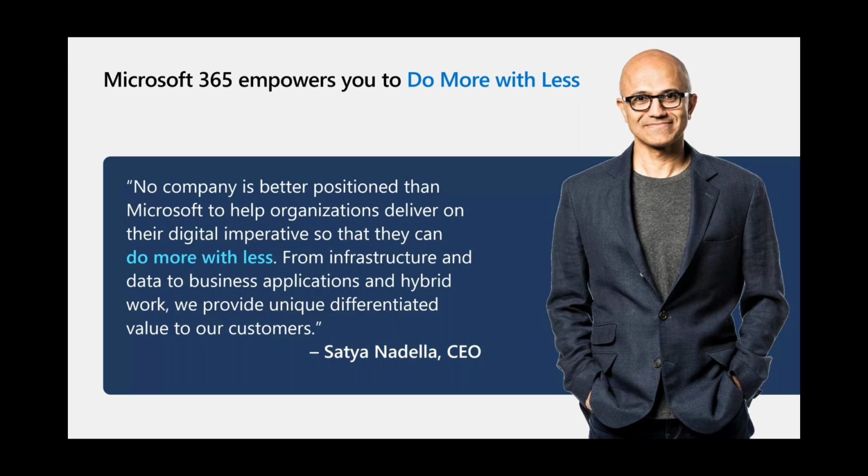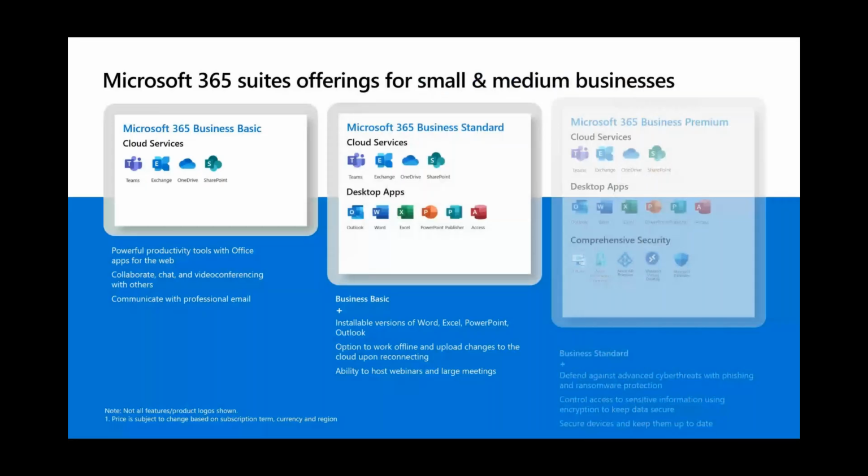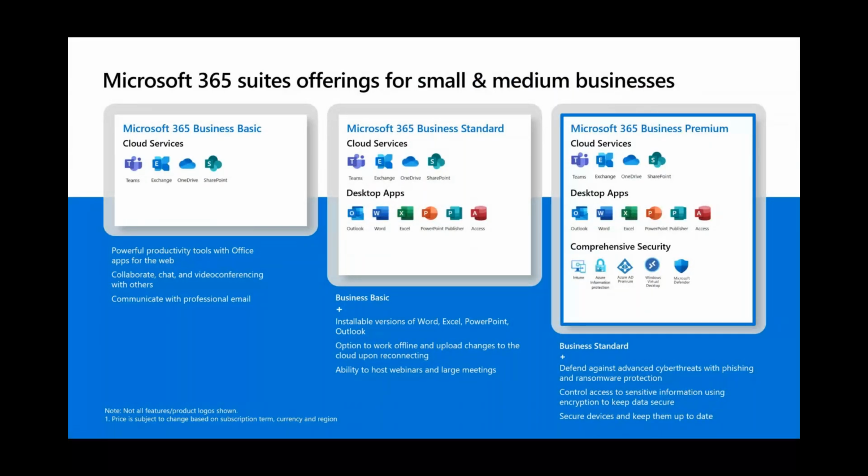These are the different Microsoft 365 license suites for SMBs, starting with Business Basic on the left-hand side and Business Standard in the middle. And you'll see with Business Premium on the right-hand side, that includes everything that's included in Business Standard. So all of your cloud services and your desktop productivity apps, Excel, etc. But on top of that, we have the comprehensive security layer as well.